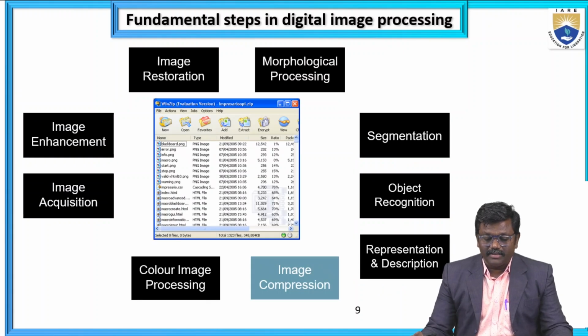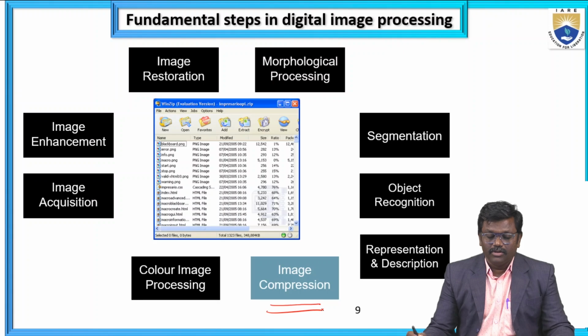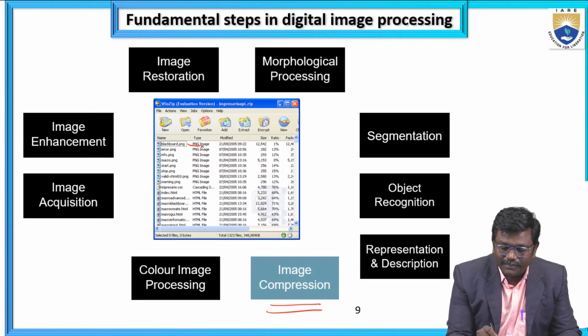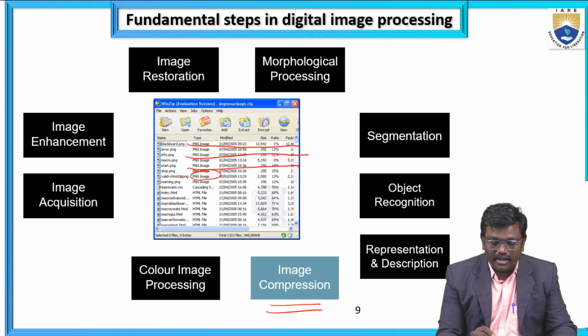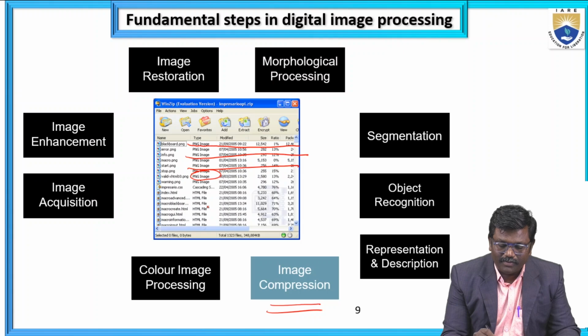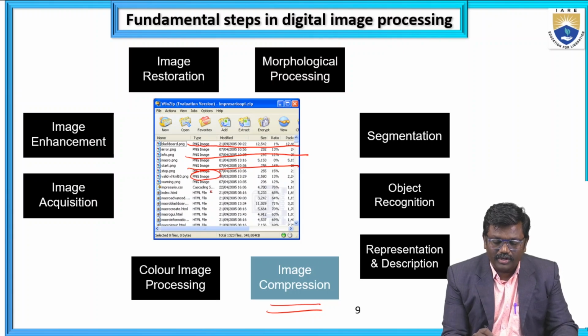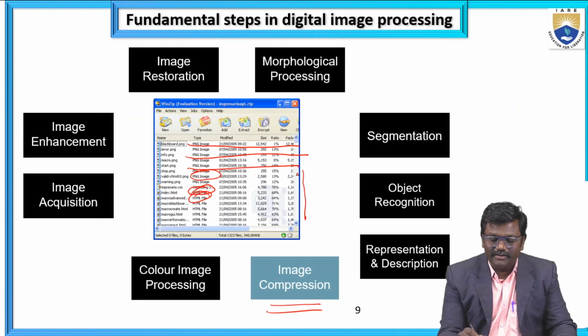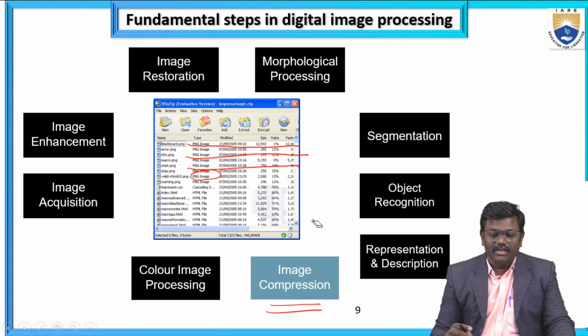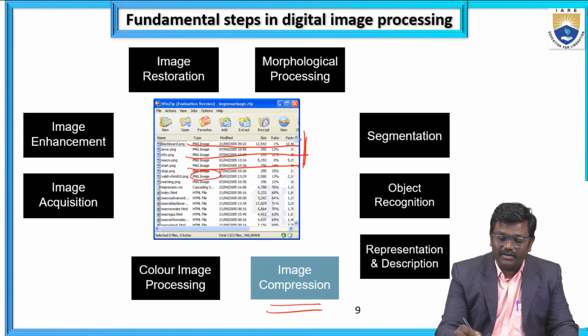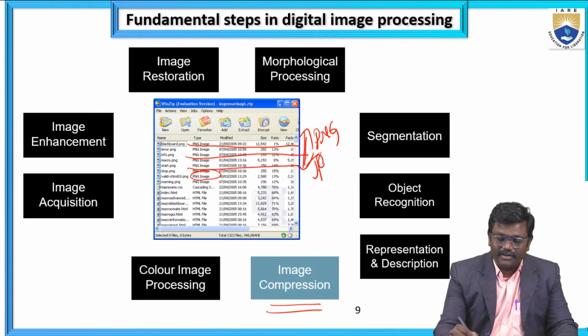Coming to another important one, compression. You have image compression according to the format of an image. Here I am taking a PNG image, or you may take another form of image in terms of HTML format. HTML is not considered under image compression here, only PNG format or JPEG format.